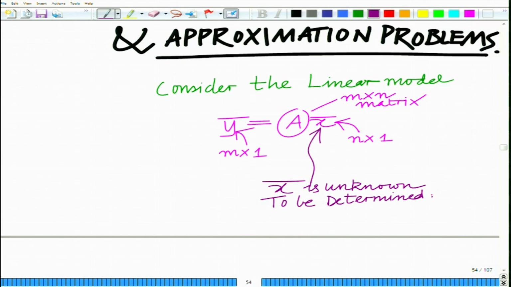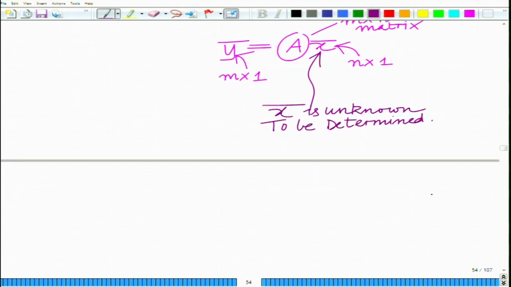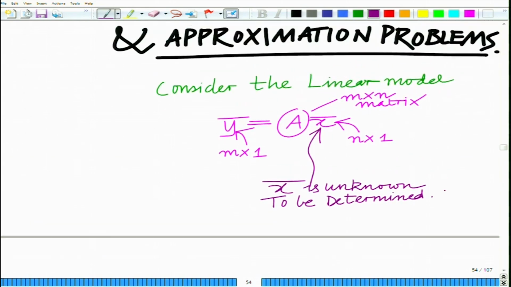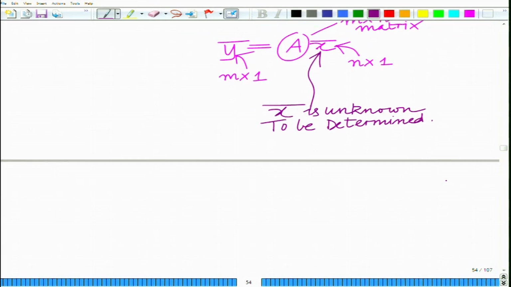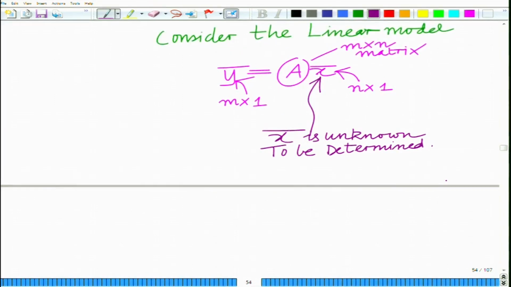Now frequently, let us start by considering a simple example. Let us say A is a square matrix, that is m is equal to n.